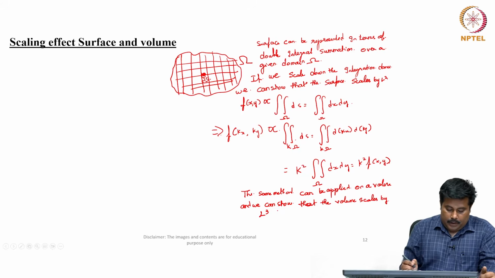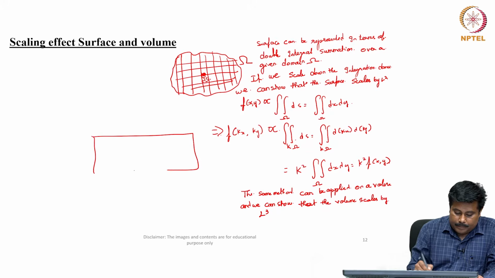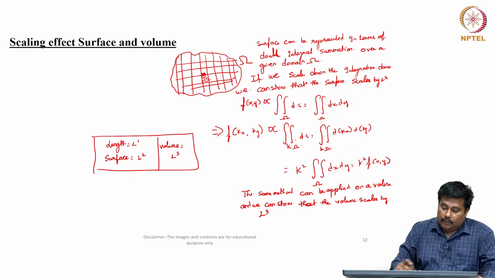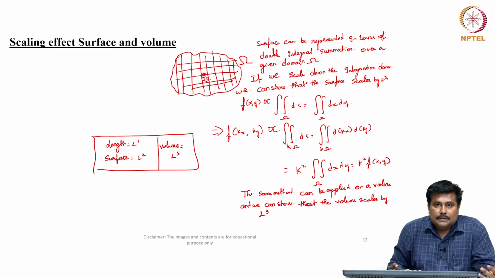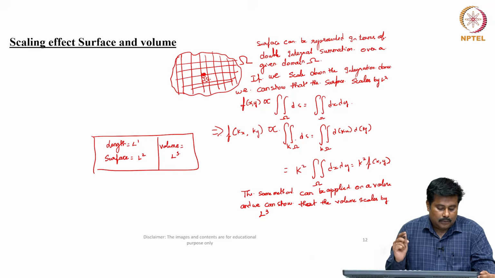Now, if we try to nomenclate it, length equals L1, surface equals L2 and volume equals L3. From this simple analysis, it is clear that the physical properties that are proportional to volume will become much less significant than surface related ones.